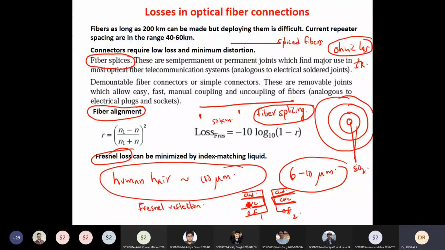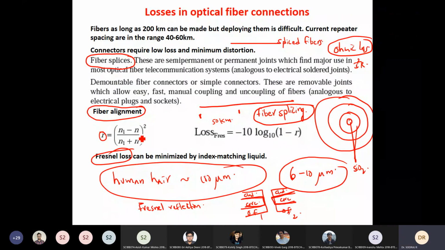That reflection coefficient is given by the Fresnel reflection coefficient R, which is given by (n1 minus n divided by n1 plus n) the whole square, where n1 is the refractive index of the core of the first optical fiber, and n is the refractive index of the core of the second optical fiber. So (n1 minus n)/(n1 plus n) the whole square is the Fresnel reflection coefficient. And the Fresnel reflection loss is given by minus 10 log to the base 10 of (1 minus R).